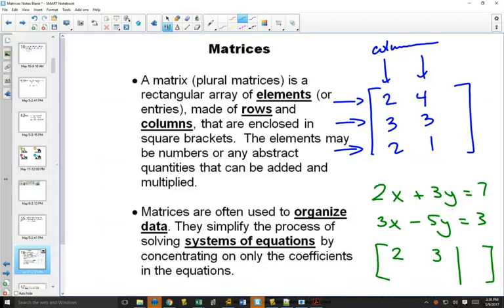So you could probably shave off, I don't know, 1/3 of a millisecond by doing that. So for example, we might write that system of equations later as that matrix. And that matrix with the extra line in there, we're going to call an augmented matrix. But today, since we're being introduced to matrices, we'll learn just a bunch of definitions.